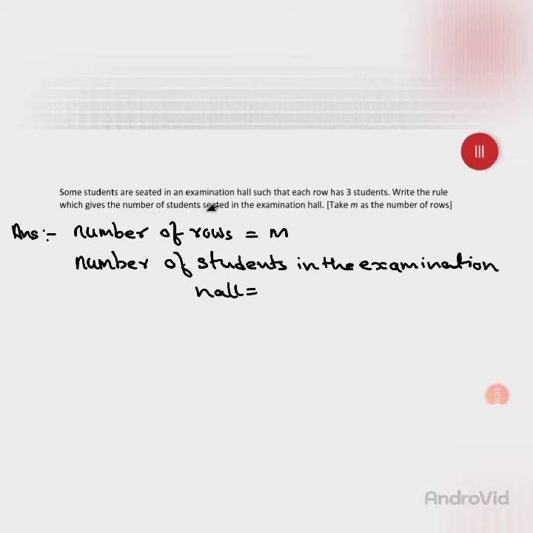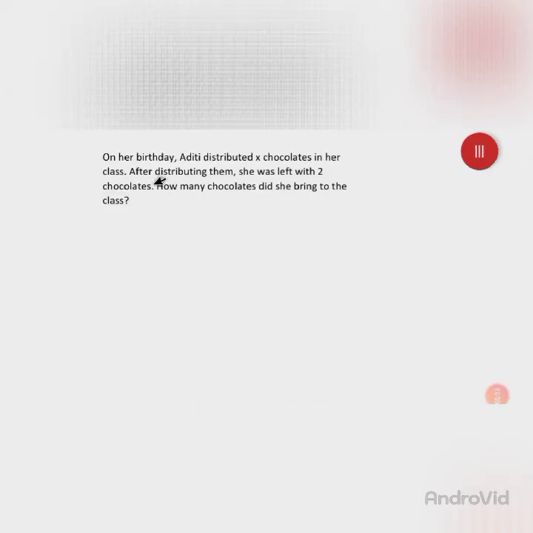So the total number of students in the examination hall will be 3 into M, which will become 3M.